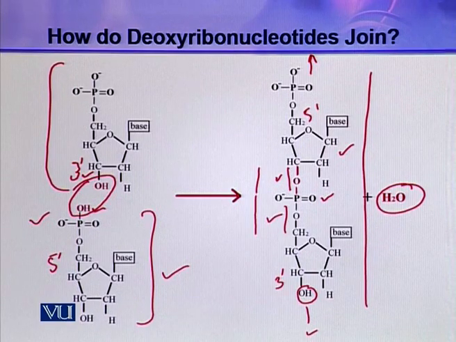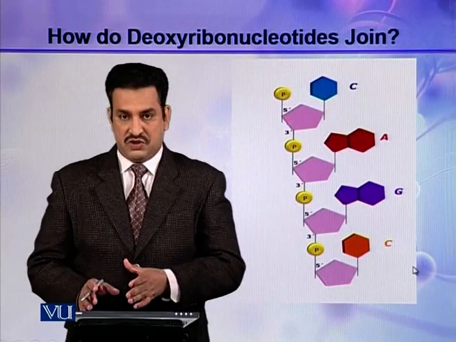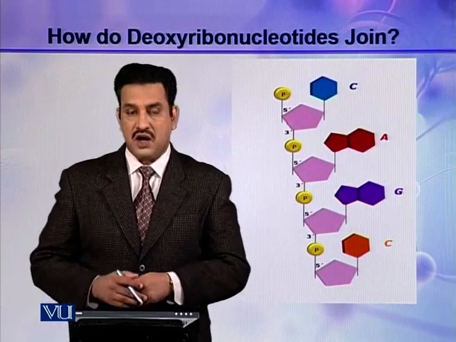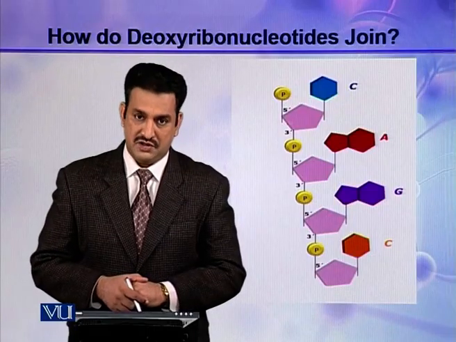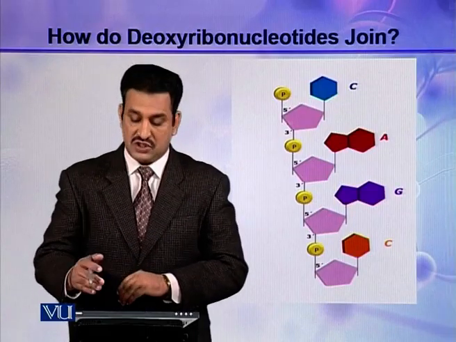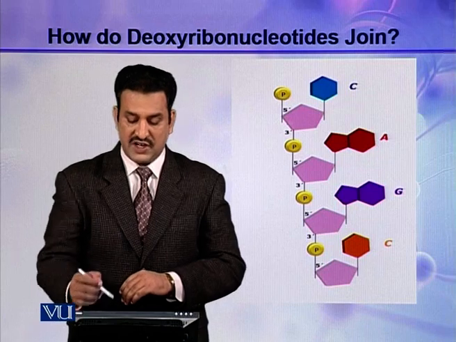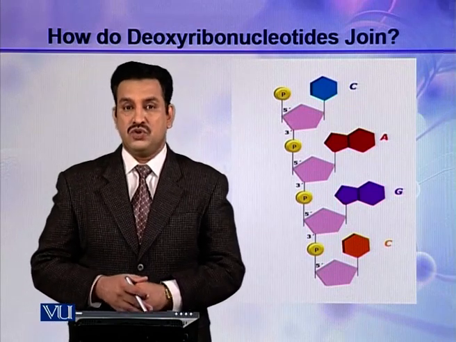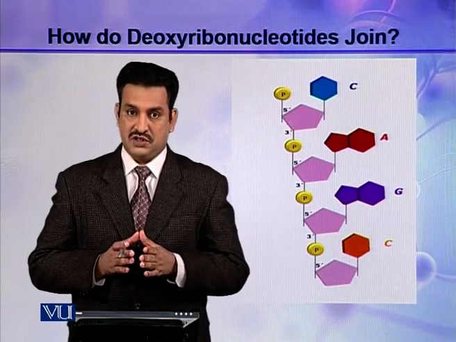In this way, this chain grows and makes a polynucleotide chain. Look at this picture. This is a polynucleotide chain, and in this picture, the nucleotides are linked together through phosphodiester linkages.